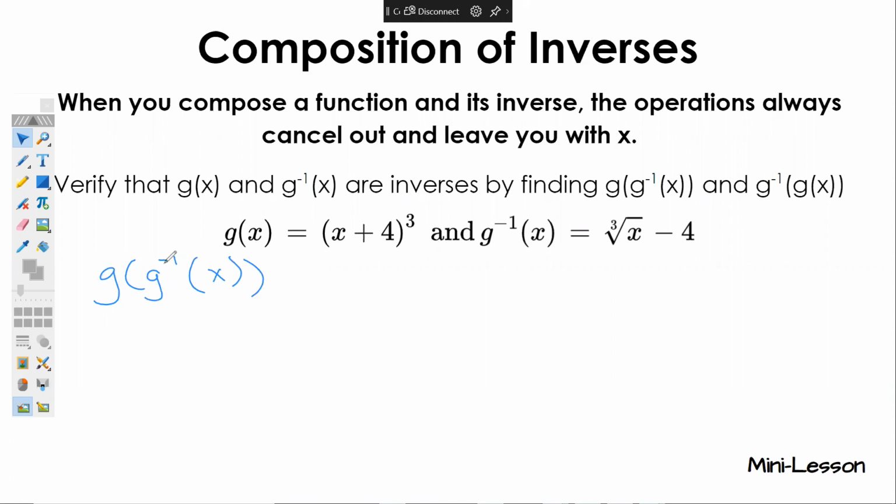We're going to write out g first, and we're going to take the inverse and plug it in for x. So we're going to rewrite this, and plug in the cubic root of x minus 4.